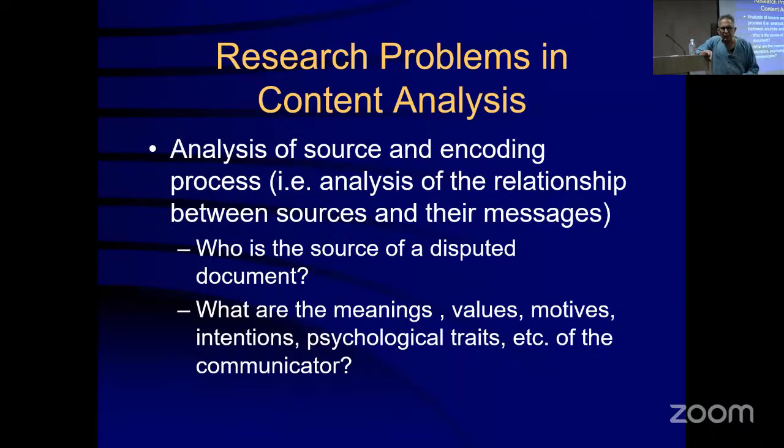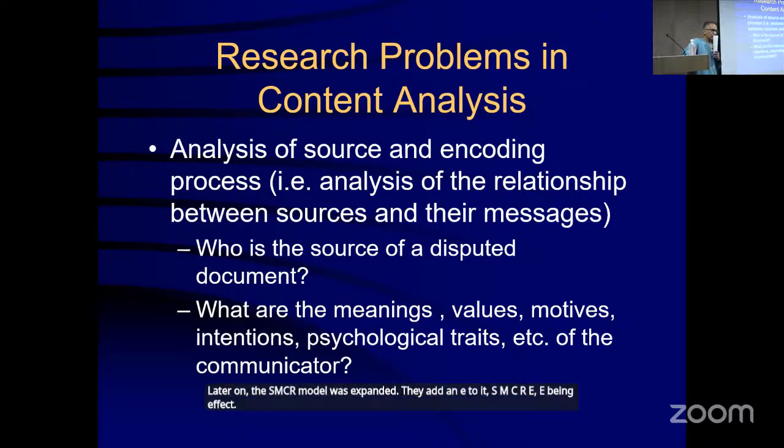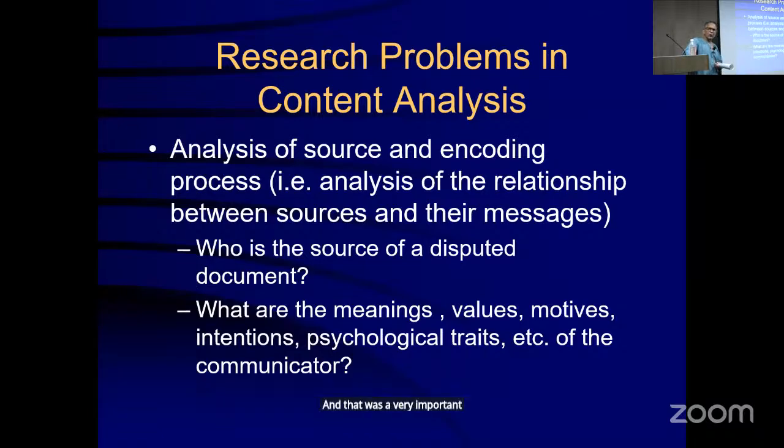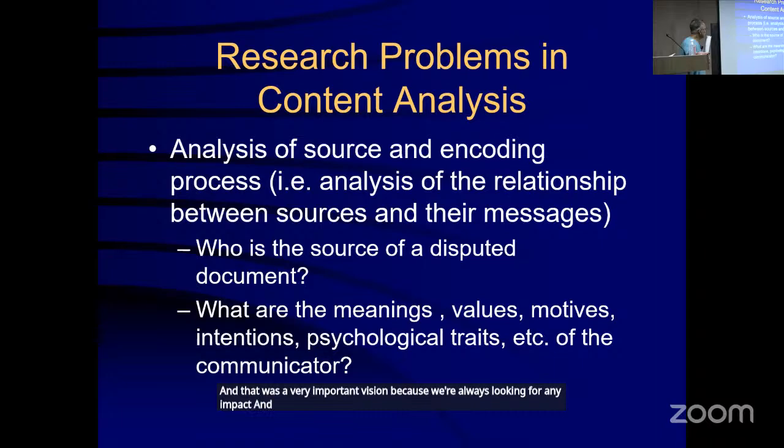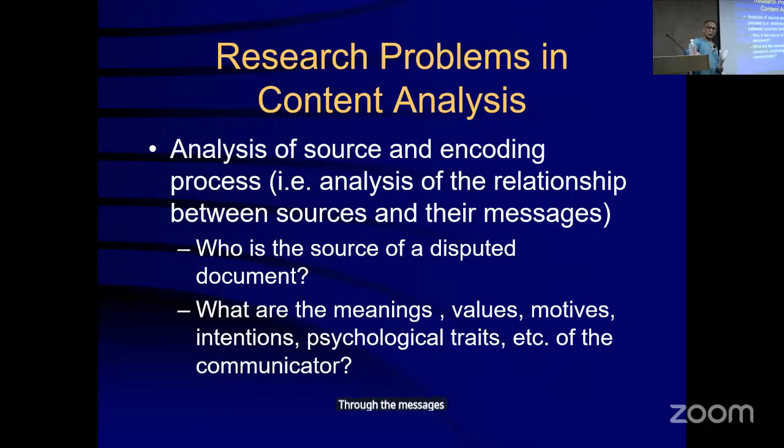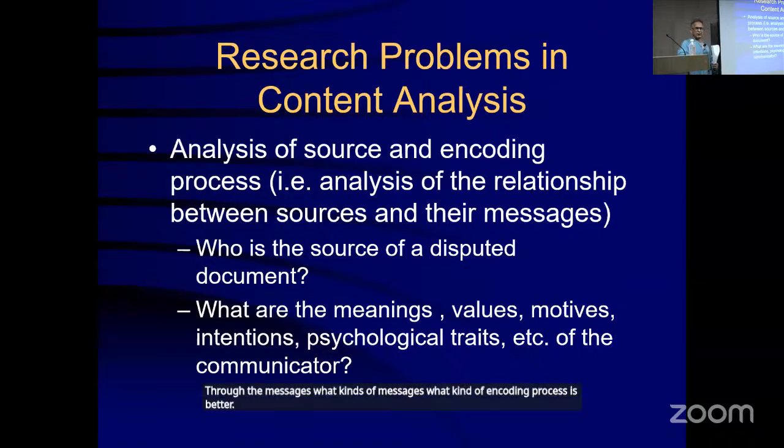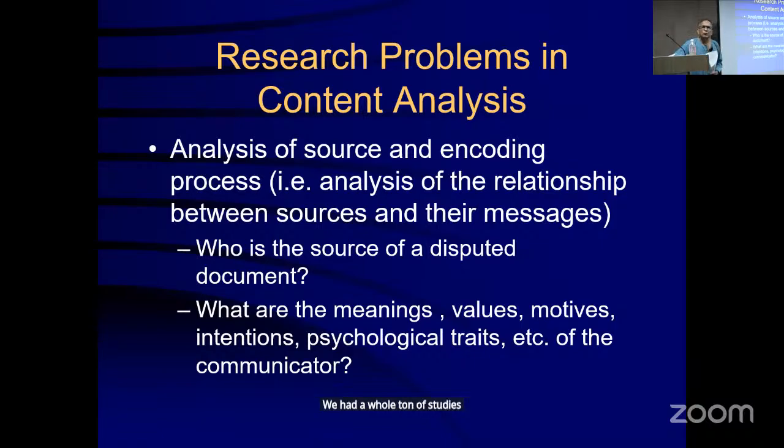Later on, the SMCR model was expanded. They added E to it, SMCRE, E being effect. That was a very important addition because we're always looking for any impact. And so the relationship between sources and their receivers through the messages. What kinds of messages, what kind of encoding process is better? We had a whole ton of studies on persuasive communication.